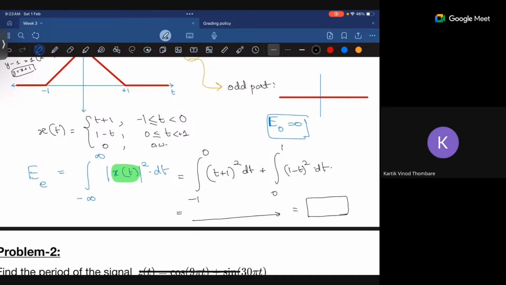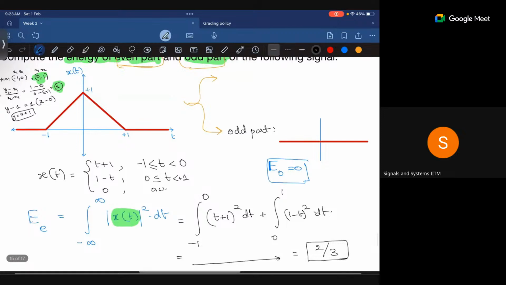It's 2 by 3. Anyway, I'm not going to solve this, but the answer will be 2 by 3, because it is just a shift of a triangle. And the energy of a triangle is 2 by 3. So you guys can solve that.